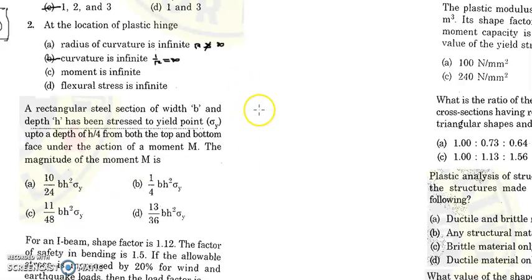So what they are saying is that I have a rectangular section. Now this has been stressed to yield point sigma y, so I take this as my equilibrium axis, and the stress distribution is going to be this way.